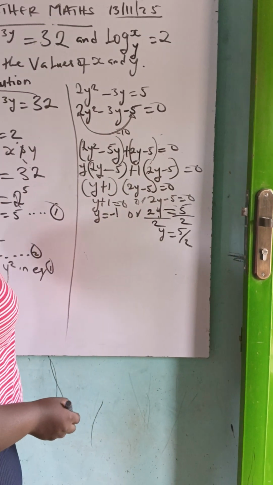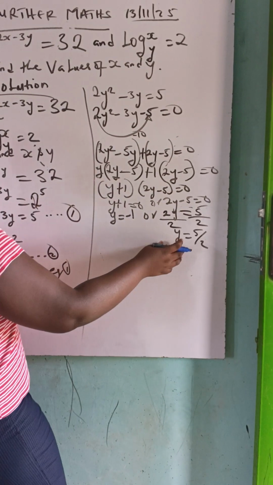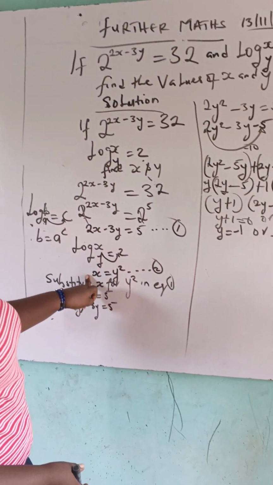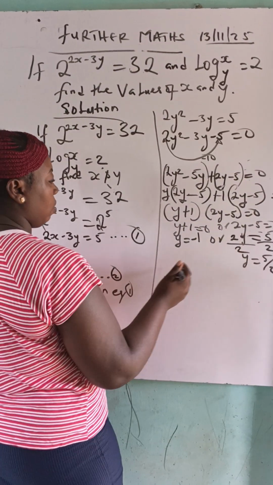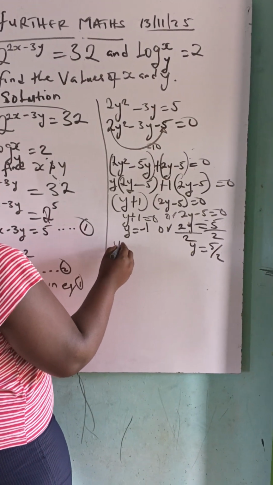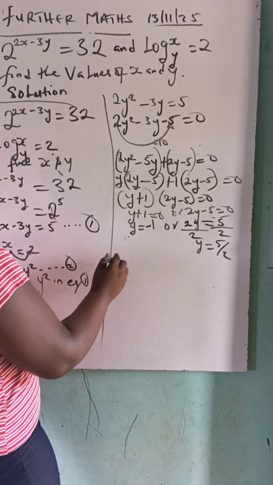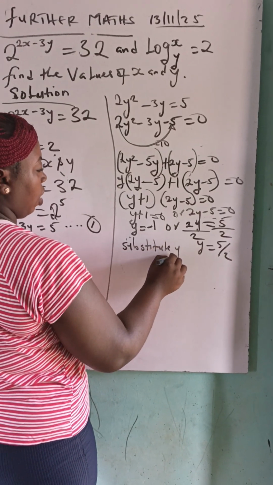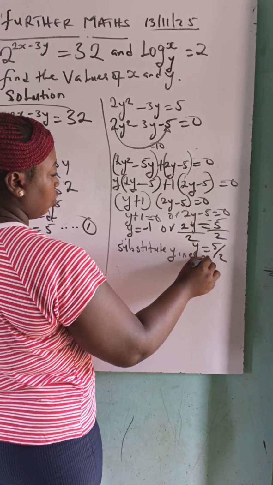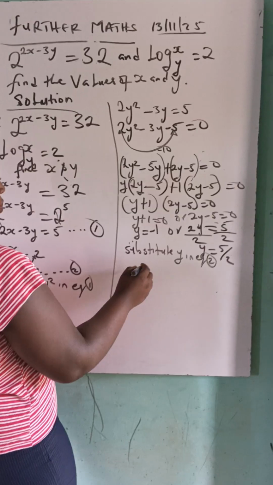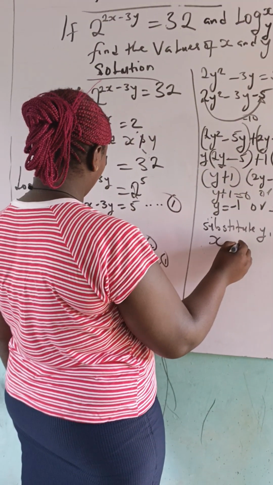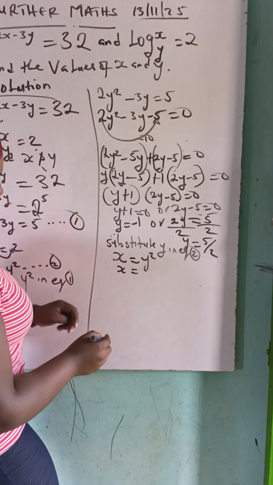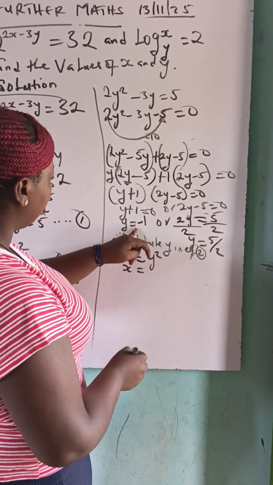Let's look for the value of x. We are going to substitute what we have for y in equation 2, where x is equal to y squared.